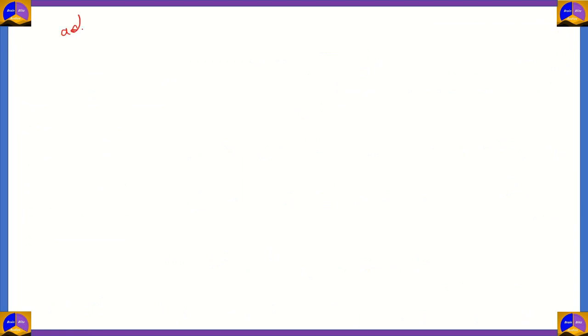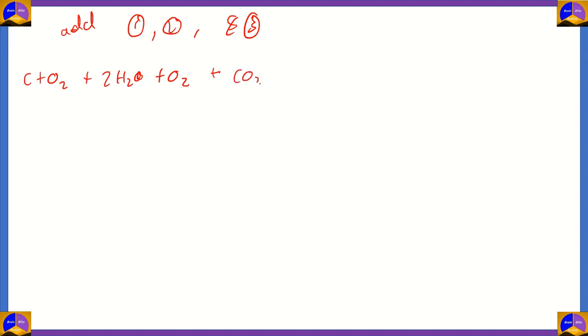We are going to add equations 1, 2, and 3. So, what do we get? We get C plus O2 plus 2H2 plus O2 plus CO2 plus 2H2O. And on the right-hand side, you get CO2 plus 2H2O plus CH4 plus 2O2.